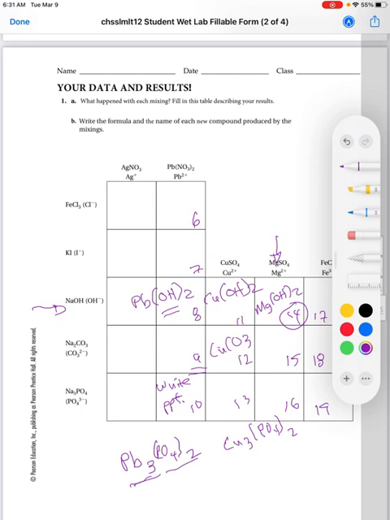This magnesium hydroxide does not need a Roman numeral because magnesium is always +2. It's a group 2 metal. Number 15 is a white precipitate. It's magnesium carbonate, and it would be MgCO3. And the last one is magnesium phosphate.